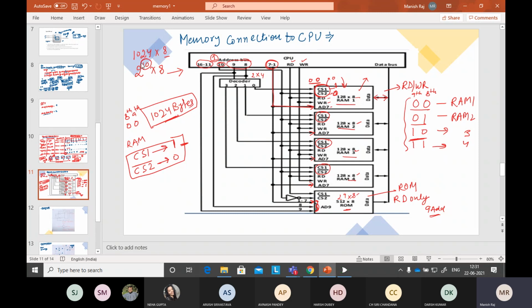So we are using only the 10 bits from the address bus. That's why we are using the 10 bits only, so there is no need to connect the remaining address bus lines.